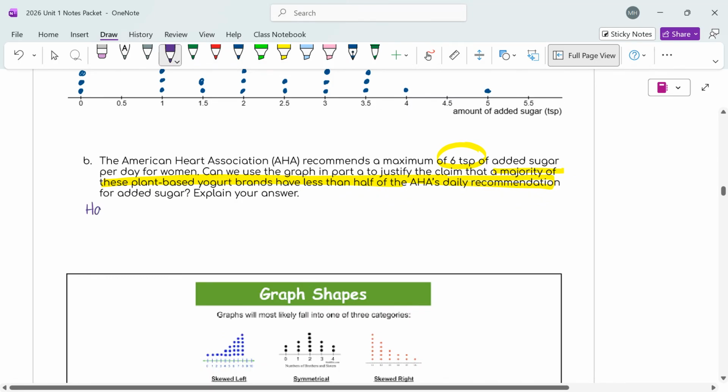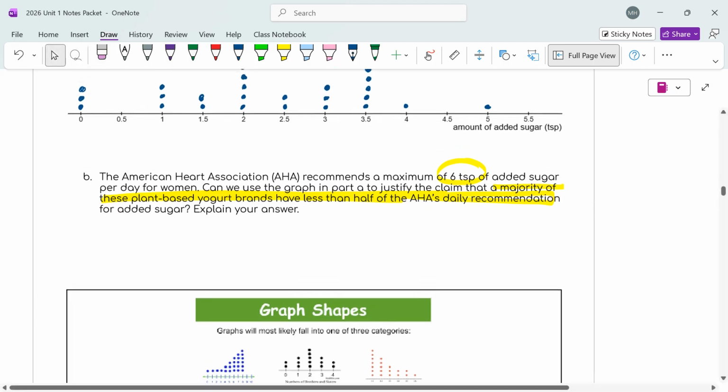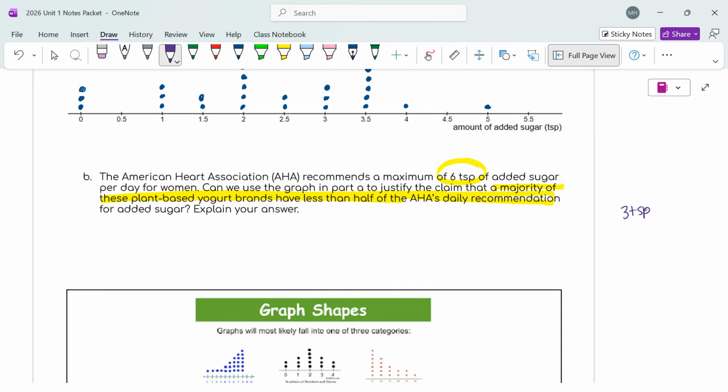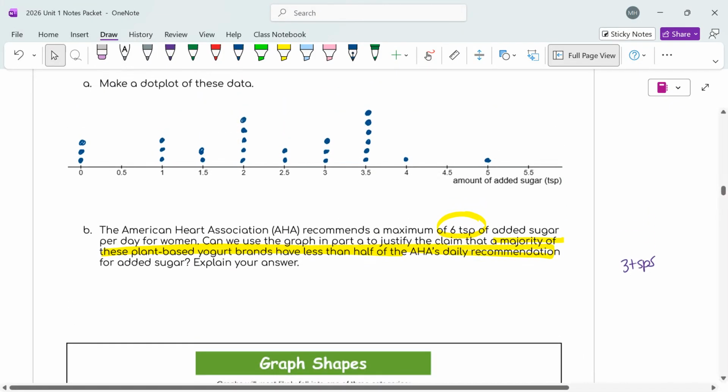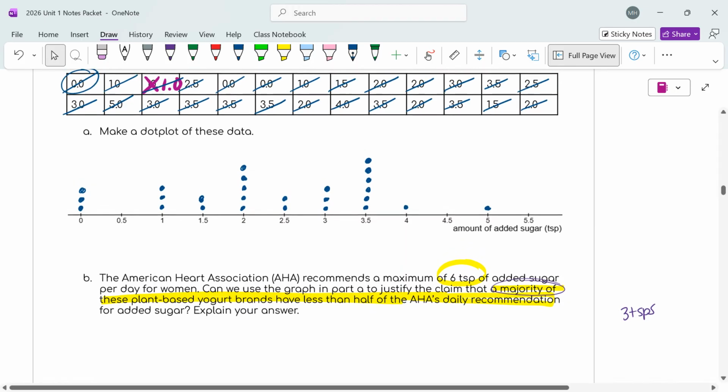So half, hold on, let's think about this first. Half of AHA's would be 3 teaspoons. We're looking to see for a majority. A majority is more than 50%, and that means we need to see if more than 50% of our dots are less than 3 teaspoons of added sugar.